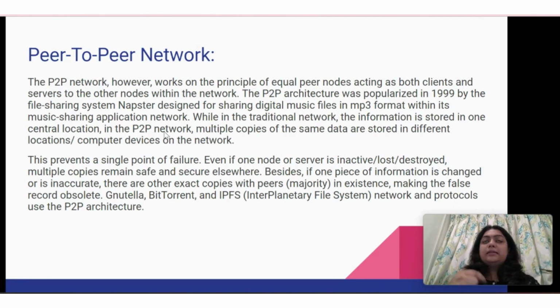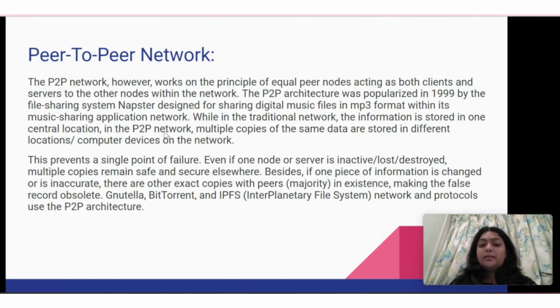The same transaction will be immediately updated in all the systems, and even if there is a loss or my system crashes, I can retrieve the copy from another system. So there is no single point of failure, because you have multiple copies present in multiple systems. So, peer-to-peer network is really useful in blockchain network, and it is one of the main features.